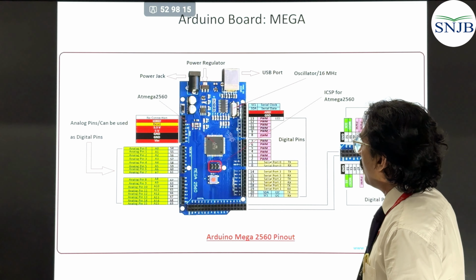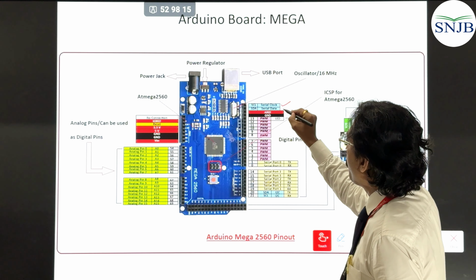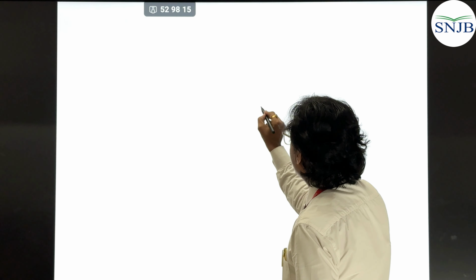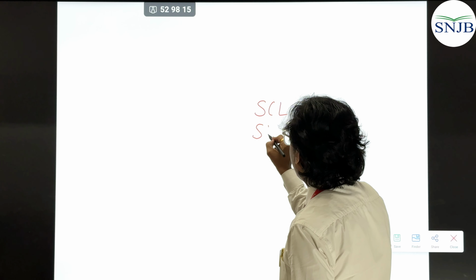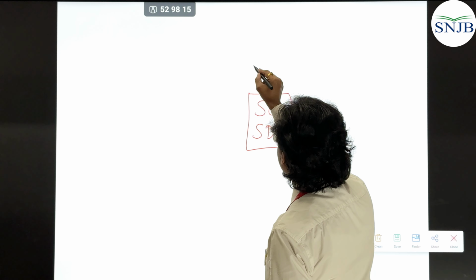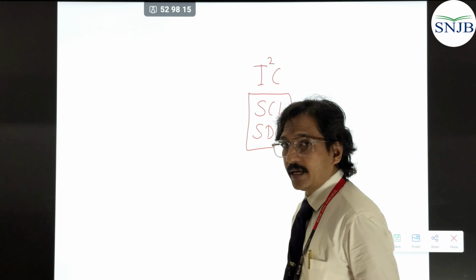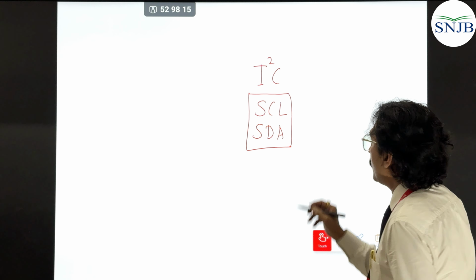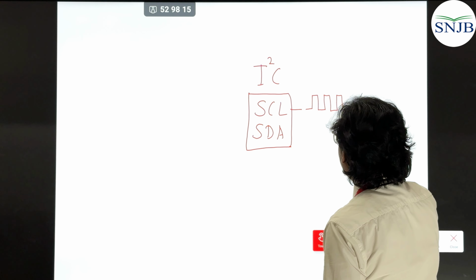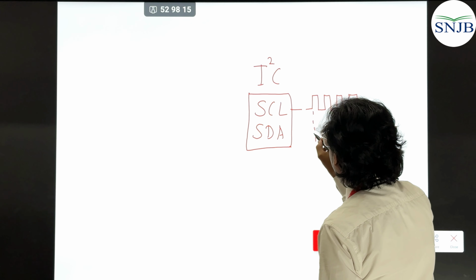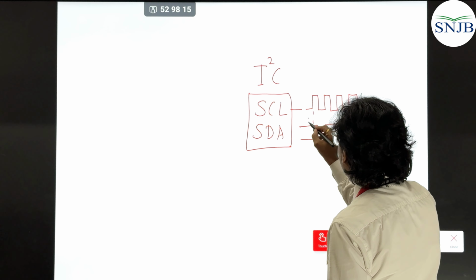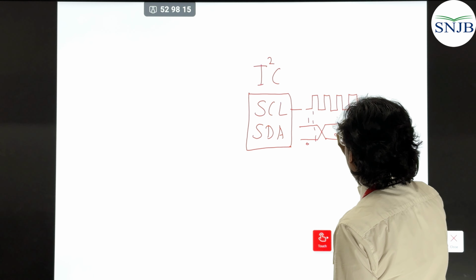Now next is serial clock and serial data. These two pins are dedicated to the inter-integrated circuit bus, or I2C. This is the Philips bus, where a clock pulse is asserted, and over this clock pulse the data transitions from 1 to 0 or 0 to 1.